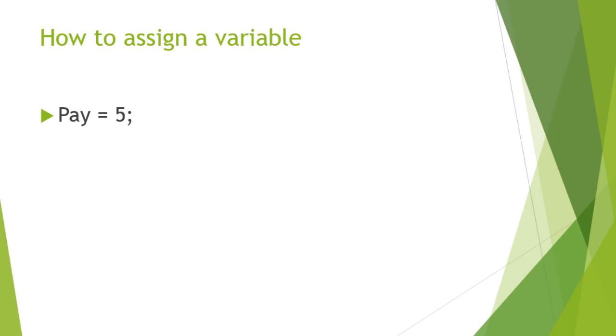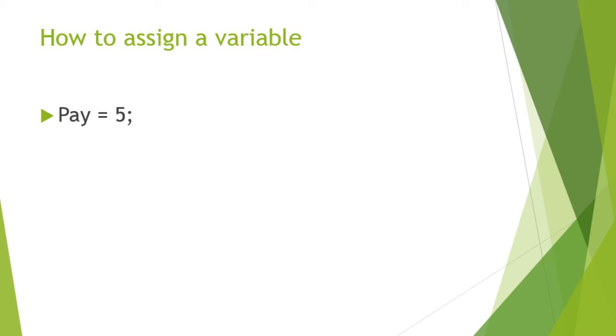So we're gonna start with assigning a variable. So when you assign a variable, you gotta start with entering the data type. The data type could be integer. An integer is a whole number, either negative or positive. Okay, so 5, -5, 20, 30, numbers like that.